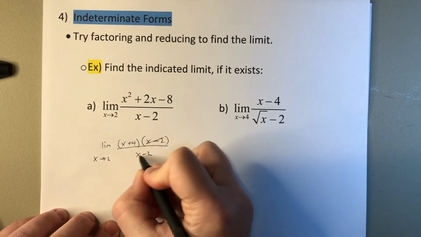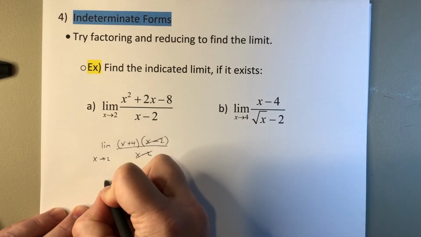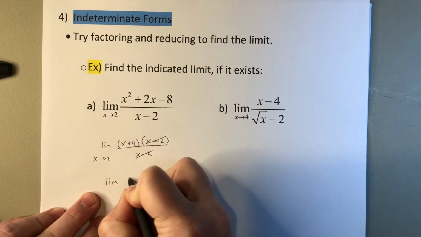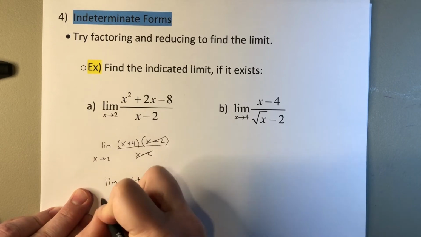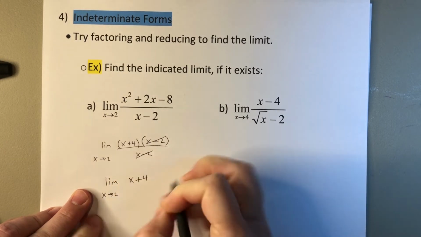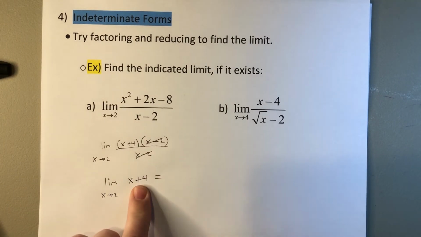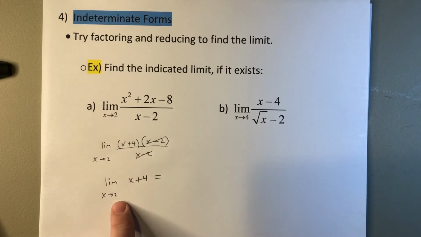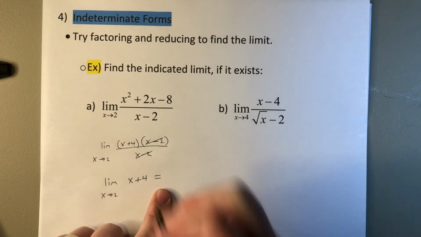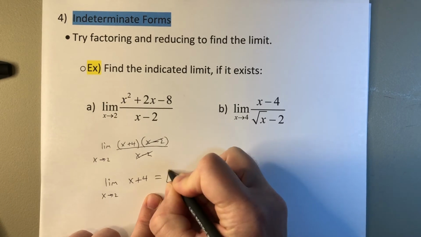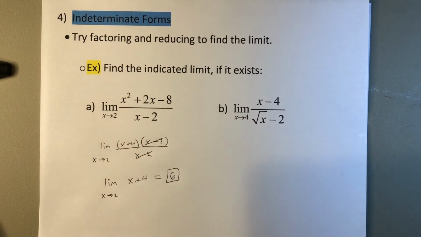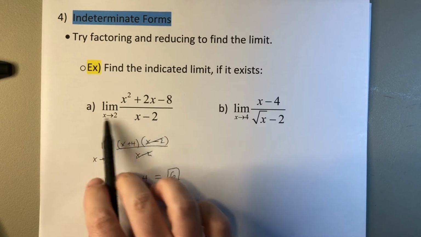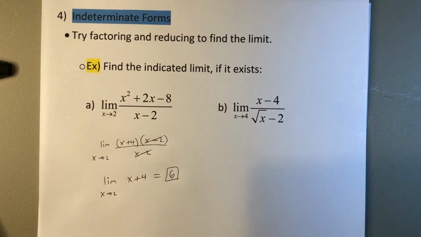So we can cancel these out, and this gives us now the limit of x plus 4 as x approaches 2. Okay, so at this point, you are able to replace this x with a 2 and get a real and defined answer. And that result is 6. And that is the limit. So the limit of this function as x approaches 2 is 6.